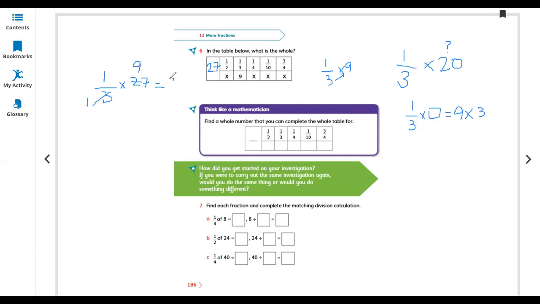So 9 is our answer. It's written here, the answer. But we need to find the whole number. Find the whole number so that you can complete the whole table.